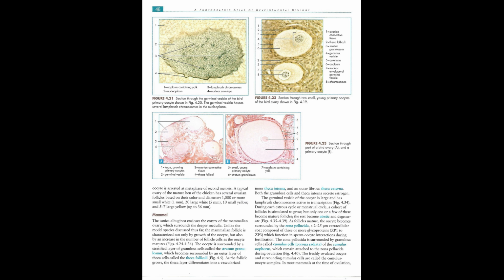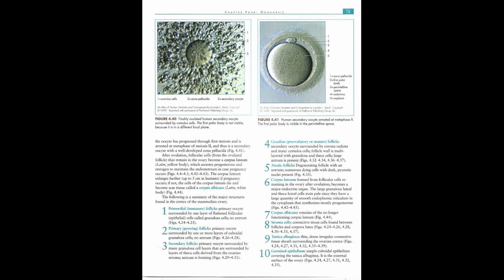In most mammals at the time of ovulation, the oocyte has progressed through first meiosis and is arrested at metaphase of meiosis II, and thus is a secondary oocyte with a well-developed zona pellucida, Fig 4.41.